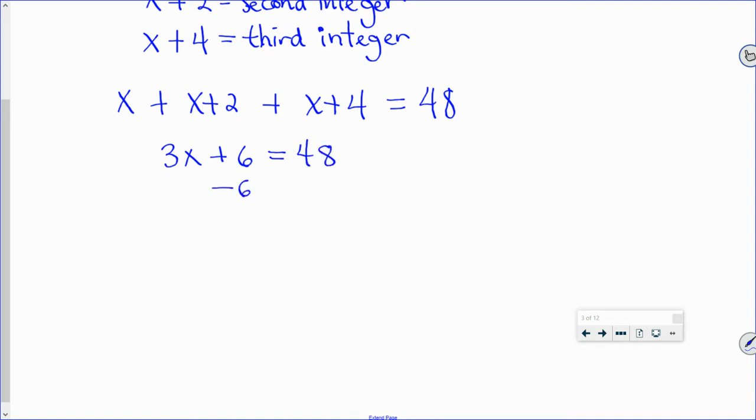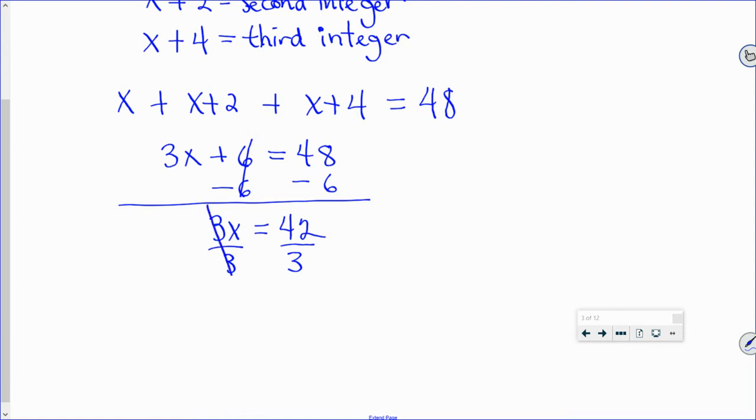Subtraction property of equality, subtract 6 from both sides. Those will cancel because it's the additive inverse. 3x is equal to 48 minus 6, which is 42. Then use the division property of equality and divide by 3.